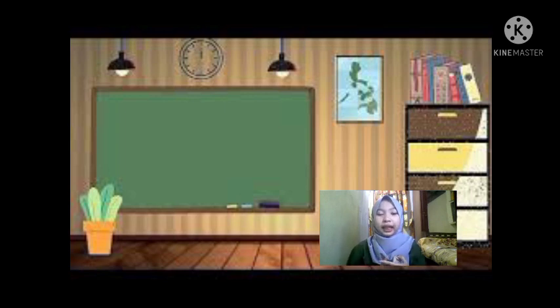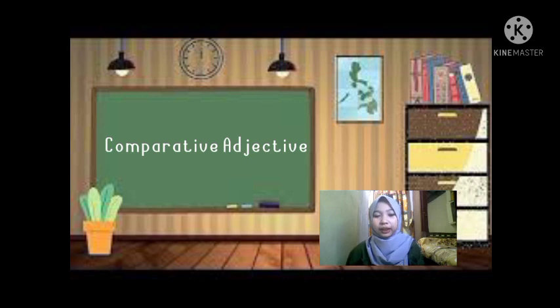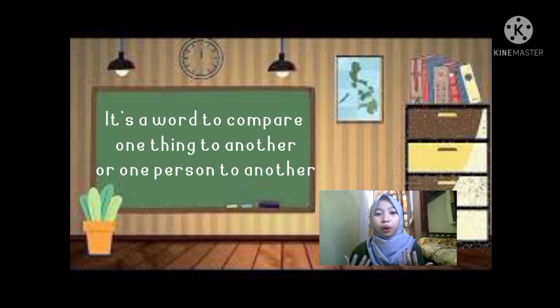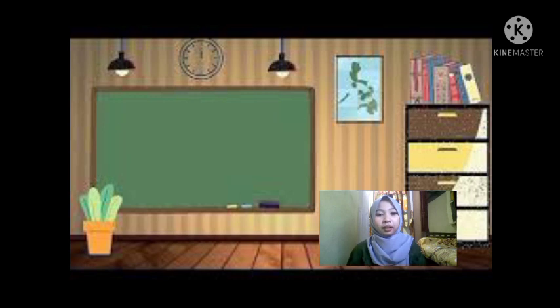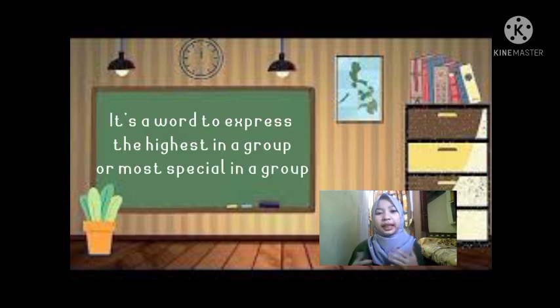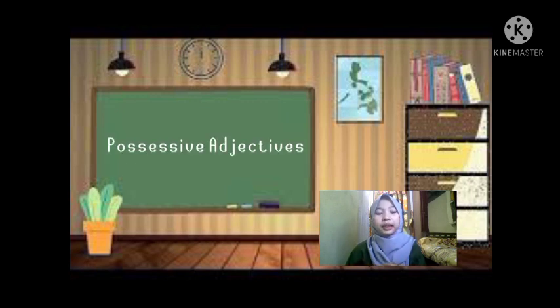The first is comparative adjective. It is a word to compare one thing to another or one person to another. And then the second is superlative adjective. It's a word to express the highest in a group or the most special in a group. The third is possessive adjective.